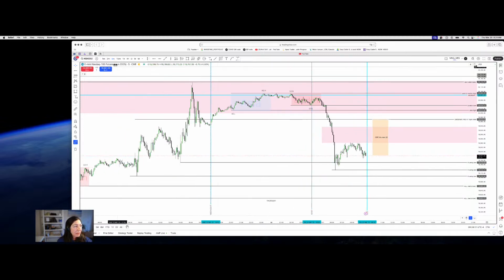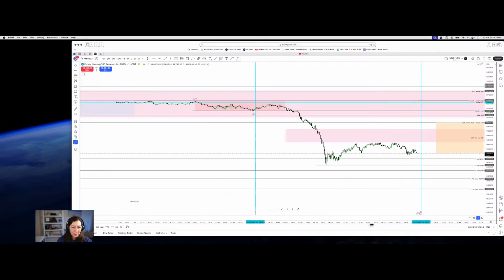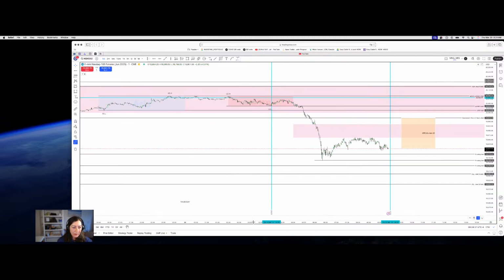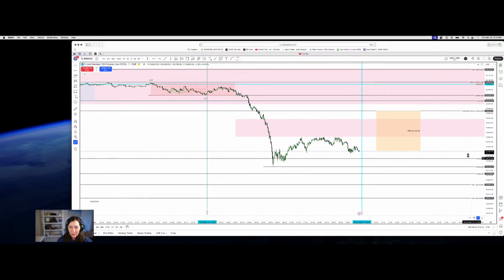So that's basically what I'm looking for. I'm going to just quickly move to the 1 minute, and I'm going to be looking for areas of liquidity, buy side and sell side, maybe of interest to price this morning.